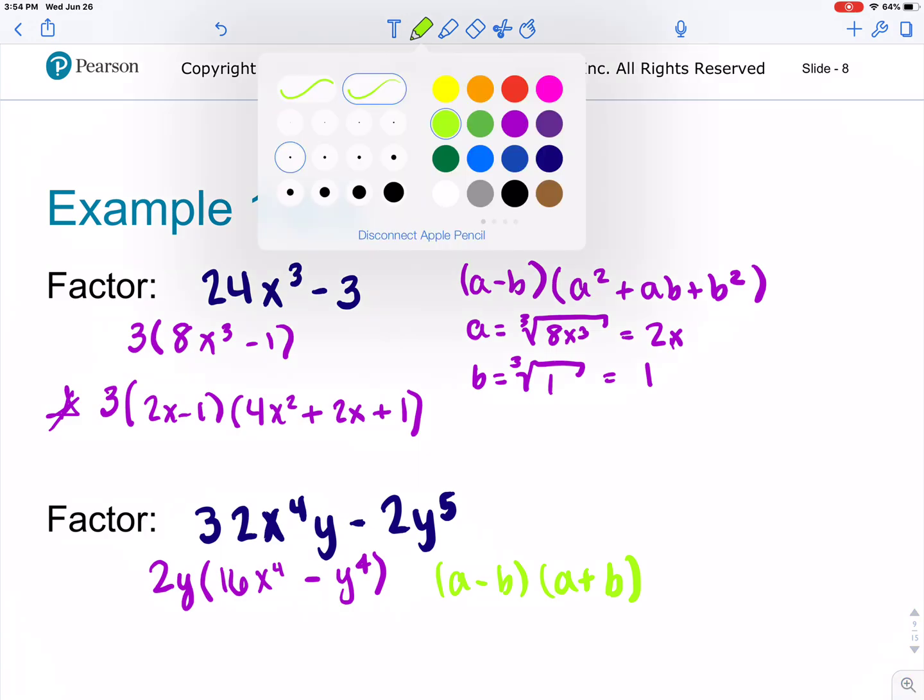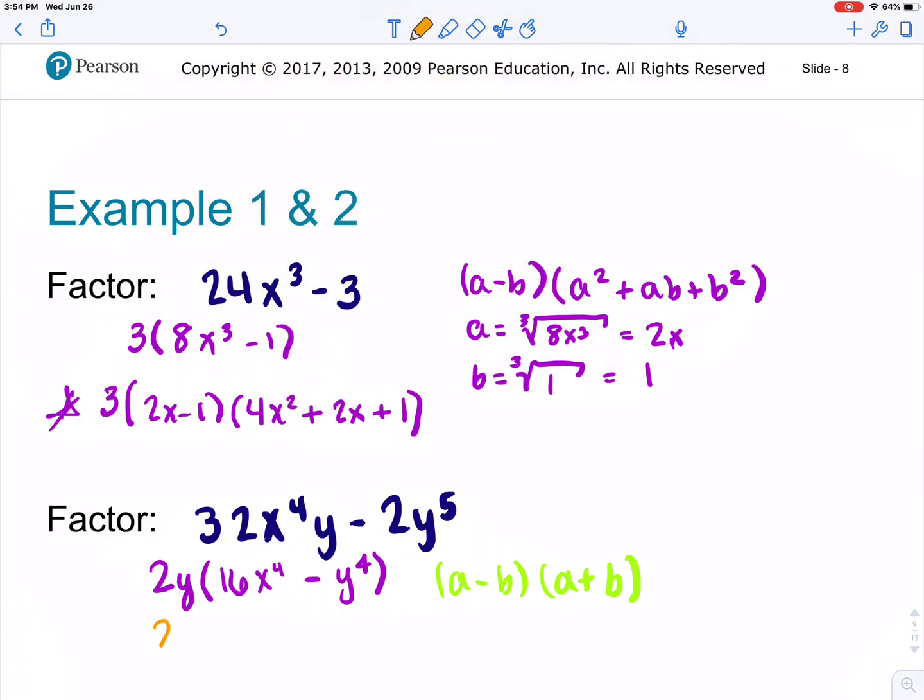Okay, so bring my 2y down, do my 2 brackets, 16x to the fourth, I'm going to break that up into 4x squared and 4x squared, plus minus, should make my parentheses a little bigger, y to the fourth, I'm going to break it apart as y squared and y squared. So there's my answer for my factored polynomial.